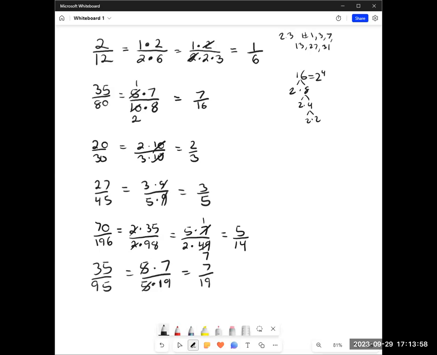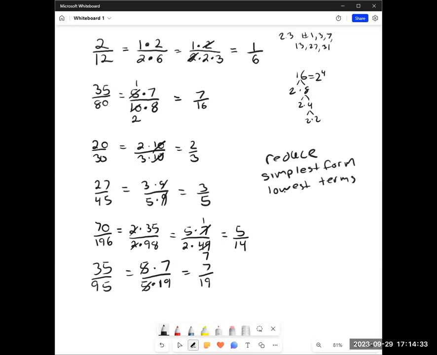So those are my examples from 2.3 on reducing a fraction into its simplest form or writing it in lowest terms. So the words you want to look out for here are reduce or simplify, simplest form, or lowest terms.